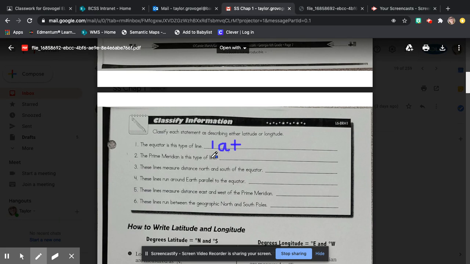So now I'm going to read these. I'm going to give you time to pause the video, and you can complete it on your own. So number 2 says the prime meridian is this type of line. Number 3 says these lines measure distance north and south of the equator.